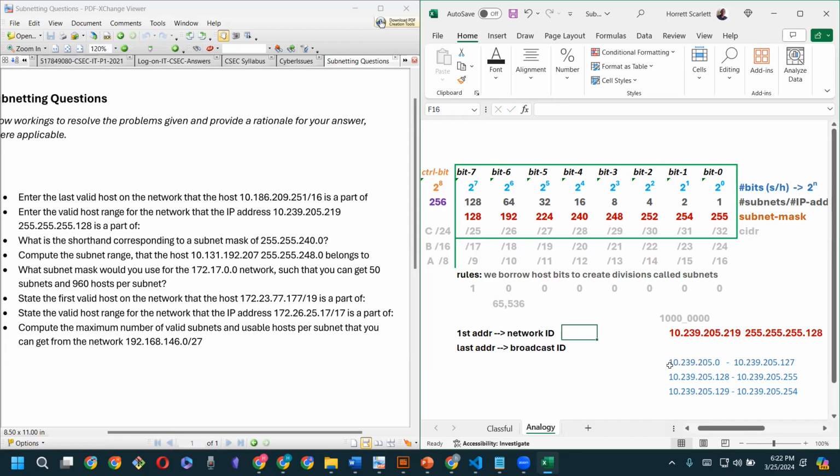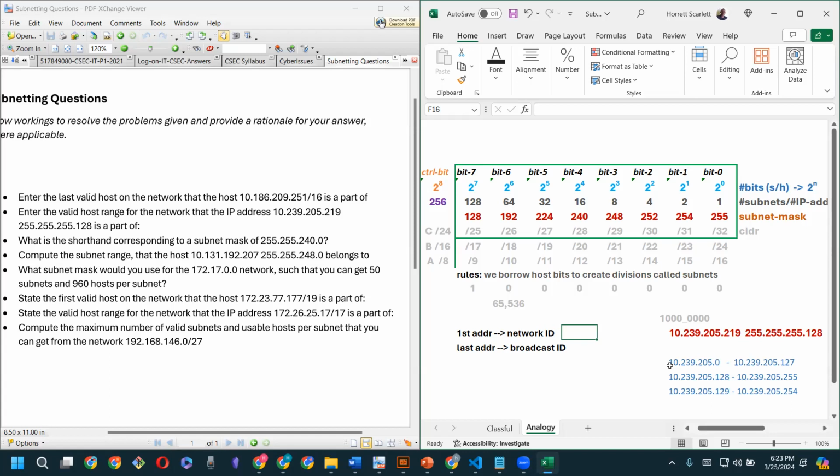With this one bit that is turned on in the third octet, how many subnets do we end up with? 2 subnets, sir. 2 to the 1 gives us 2. All right.